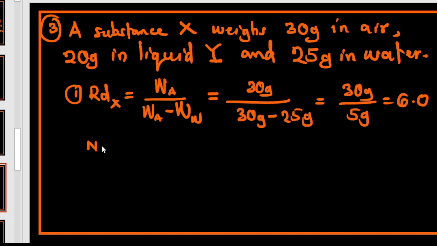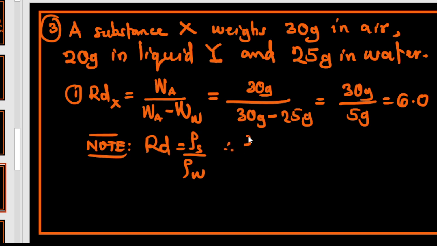So note, you know that RD of a substance is density of the substance over density of water. Which means density of a substance is RD times density of water, and density of water is 1 gram per cm cube.